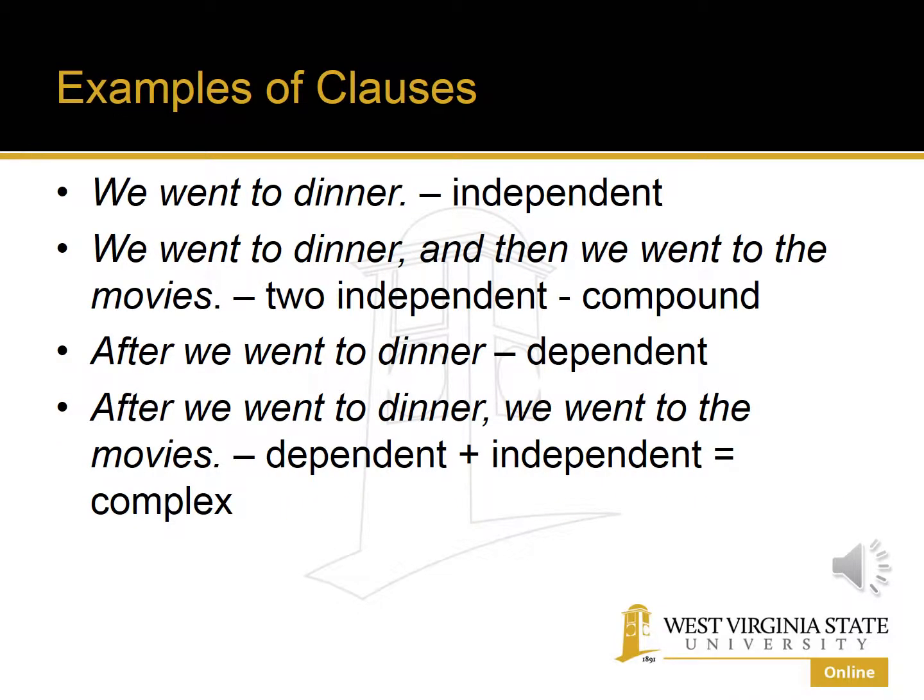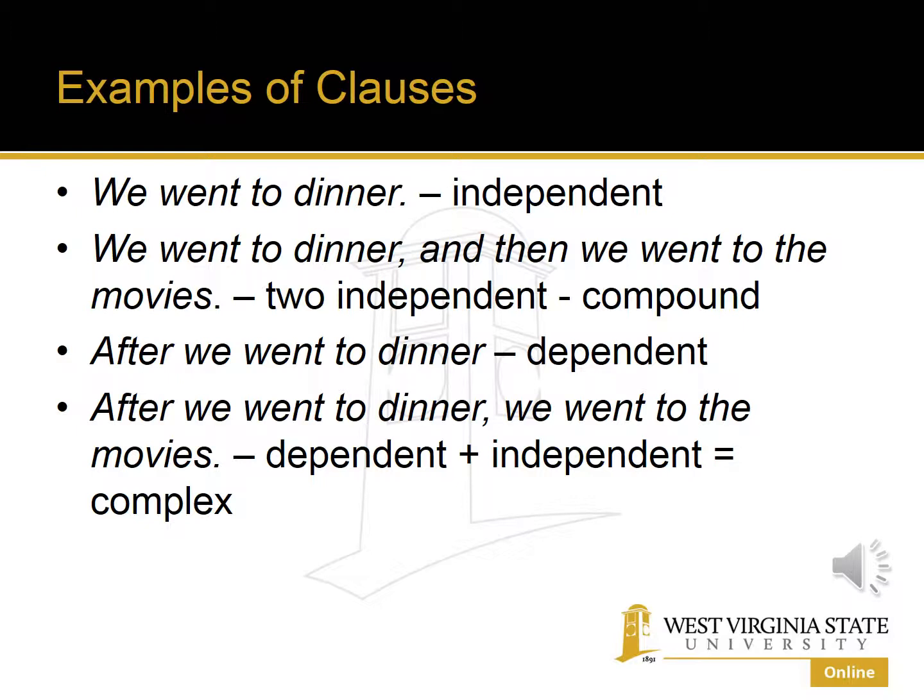All right, now that we know the differences between an independent clause and a dependent clause, let's review again some of our examples. We went to dinner. Simple sentence, independent clause. We went to dinner and then we went to the movies.